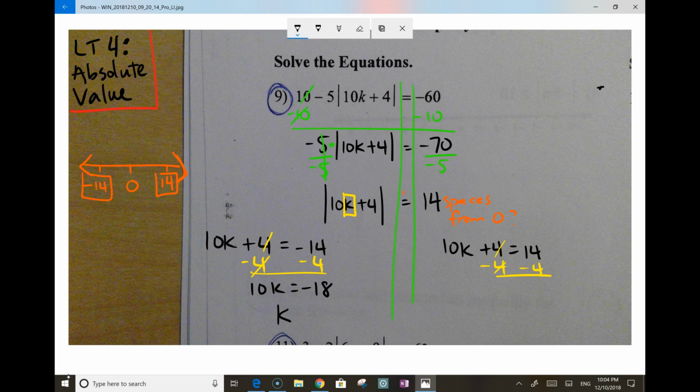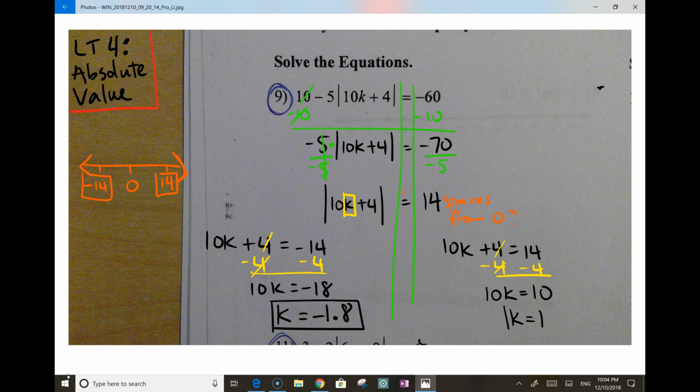So dividing both sides by 10, what I get is negative 1.8. That's my first answer. The second answer would be, let's see, 10k is equal to 10, and if I divide both sides by 10, what I get is a friendlier answer, which is k is equal to 1. And with that, this question is answered. Okay, so the two values of k would be 1 and negative 1.8.